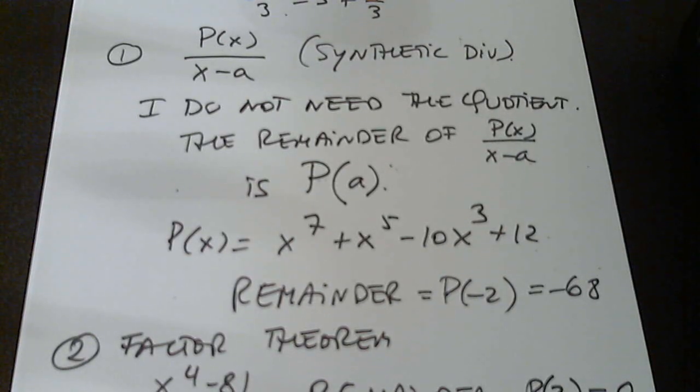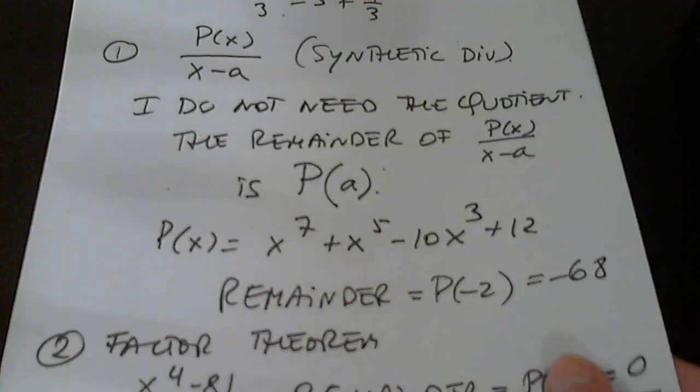So I would like us to choose a couple of examples. I'm going to share my book again. Here it is, next page. To illustrate the remainder and the factor theorem. They're cousins.